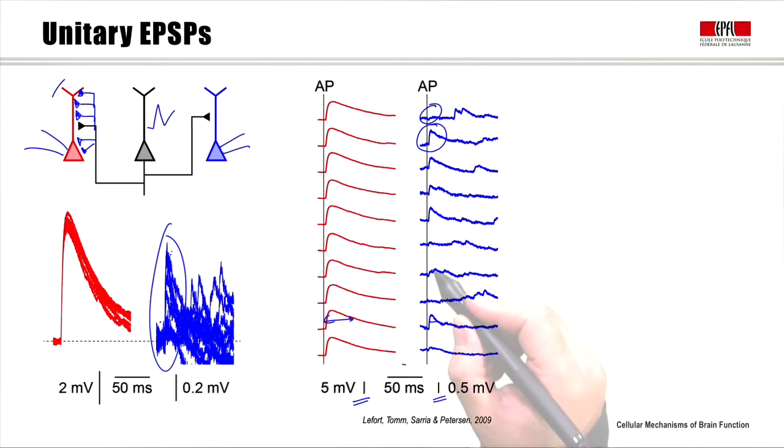And of course, there are also some smaller amplitude responses, and that might then correspond to vesicles that have less glutamate in them than other vesicles.